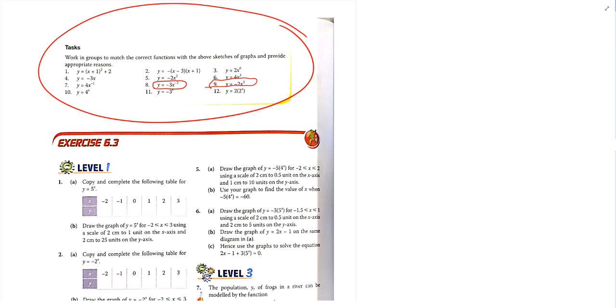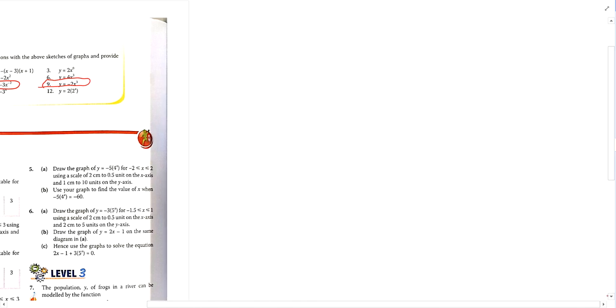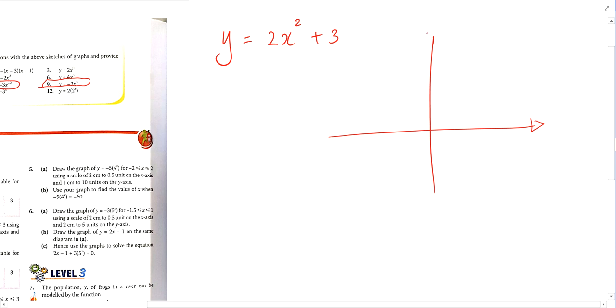Okay, now I just want to do a quick recap on mirror image. So let's say I have the graph of y equals 2x squared plus 3. What shape is this? What kind of graph is this? What kind of curve is this? It's a parabola opening upwards. What is the minimum point?